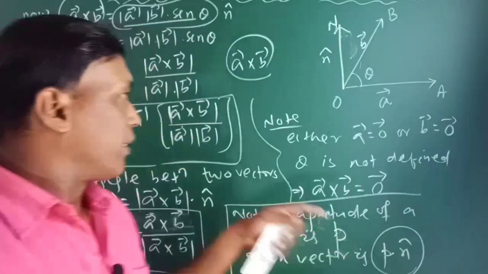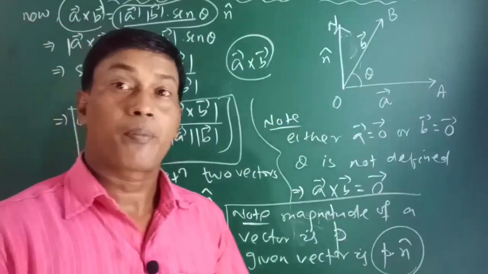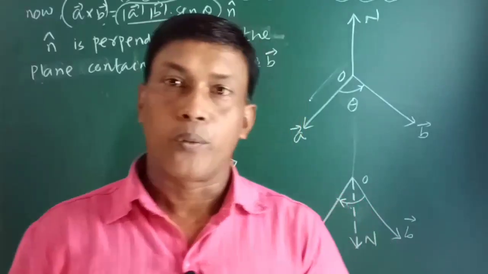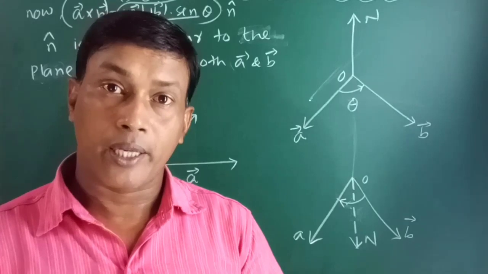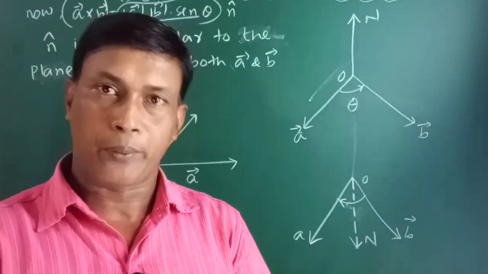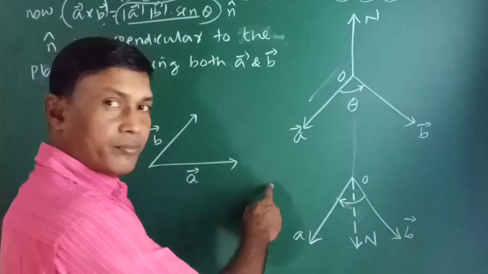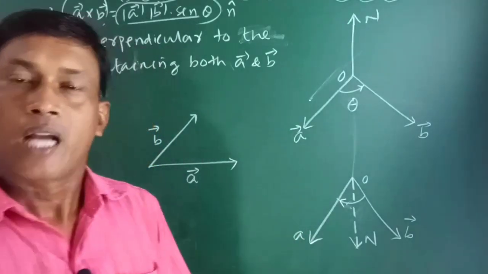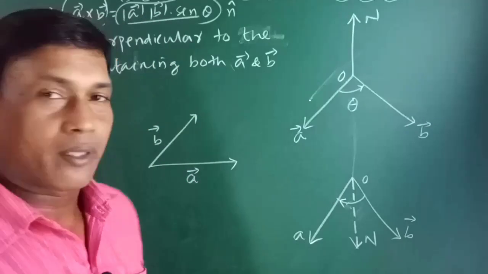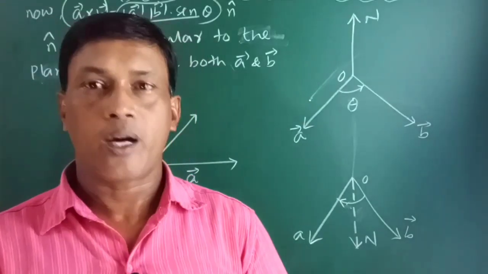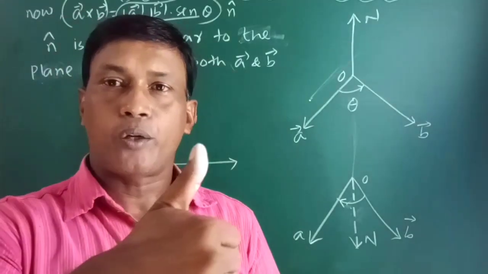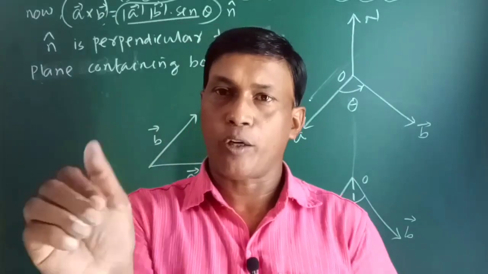Now what will be the direction of n cap? N cap is perpendicular. Perpendicular may be upward or downward. How can you find it? Look here, there are two methods. One is the right hand thumb rule.